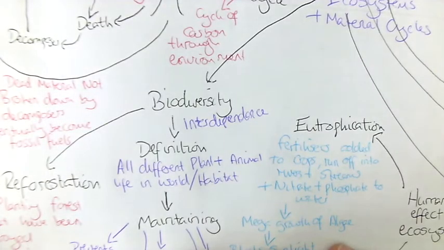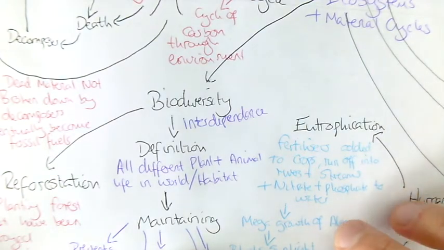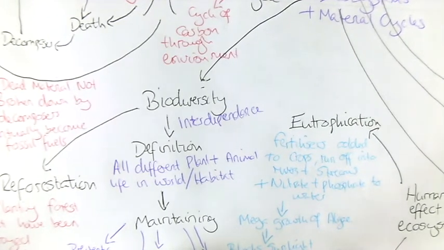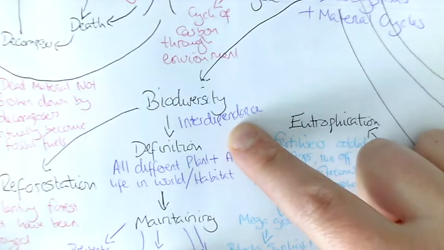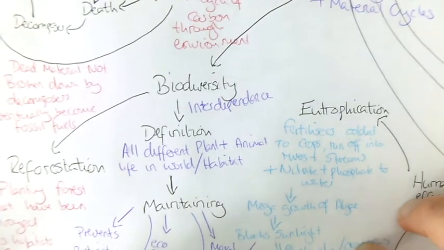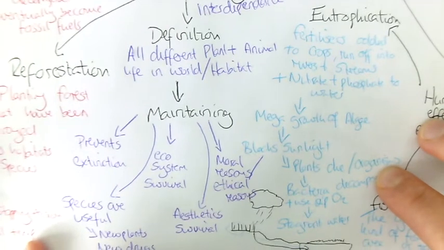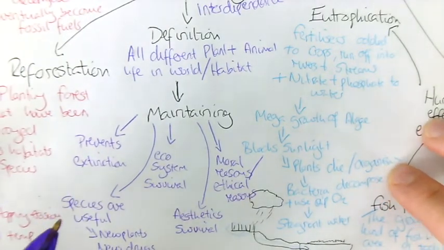So biodiversity is very important, and what that means is it's all the different plants and animal life in the world or in a habitat. They're important because all the different plants and animals are interdependent of one another, so we need to be able to maintain the biodiversity in an area. So what that looks like is how and why. So we're maintaining it by preventing extinction. Why?